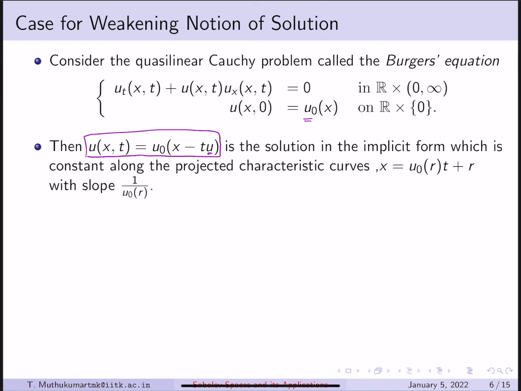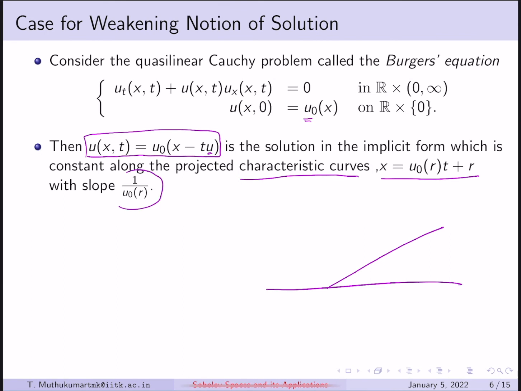From the method of characteristics, you know that this is the solution of this initial value problem, the Burgers' equation, and the solution is such that it is constant along the characteristic curves, which are given by this equation. If you plot them, these are curves which have slope 1 over u naught of r. See, in the transport equation it was minus 1 over c, which means the characteristic curves all had the same slope.